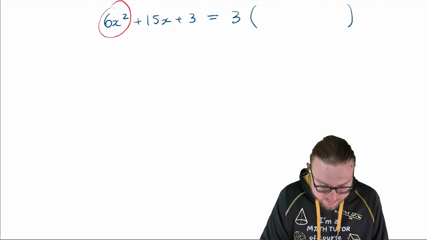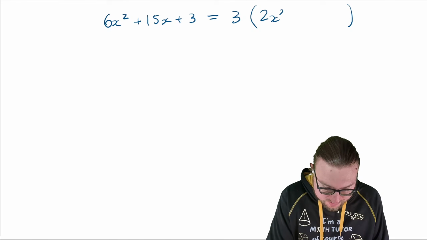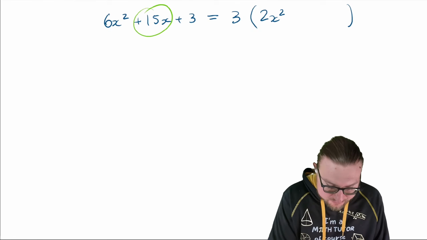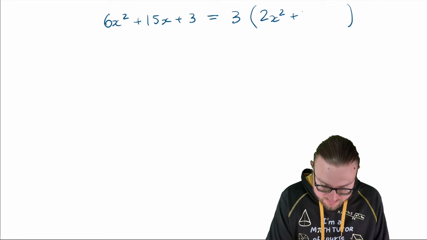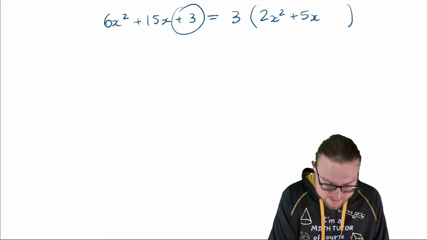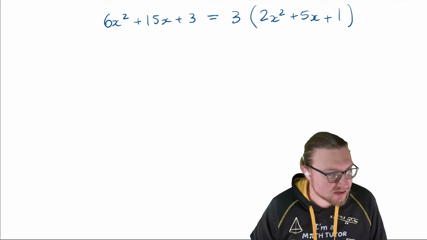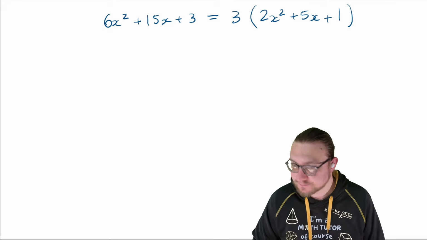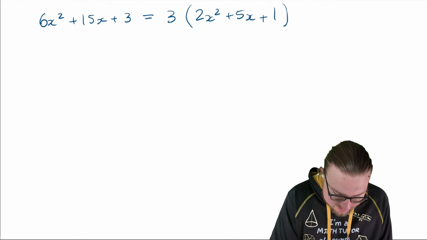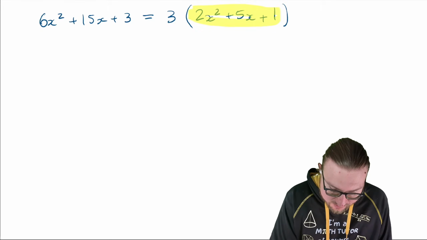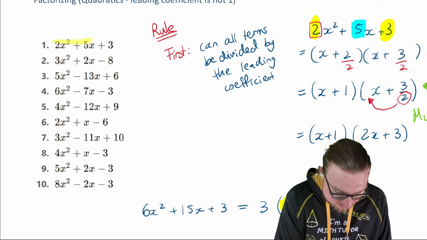So we have 6x squared divided by 3 is 2x squared. Then we have 15x divided by 3 is going to be 5x, and 3 divided by 3 is 1. Remember, if you forget your times table, you have a calculator. And now what we have here is actually the exact same question that we have already solved, which was our first question over here.